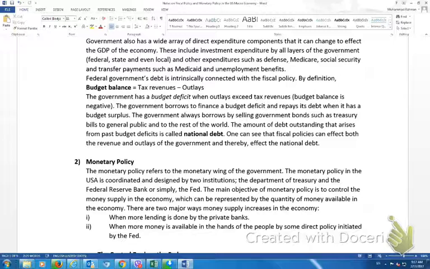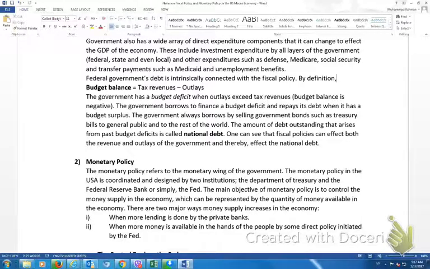Now, deficit itself initiates a lot of government fiscal policy. One of the most common responses to a budgetary deficit is that the government borrows money from the macroeconomy and from the rest of the world to finance its budgetary deficits.